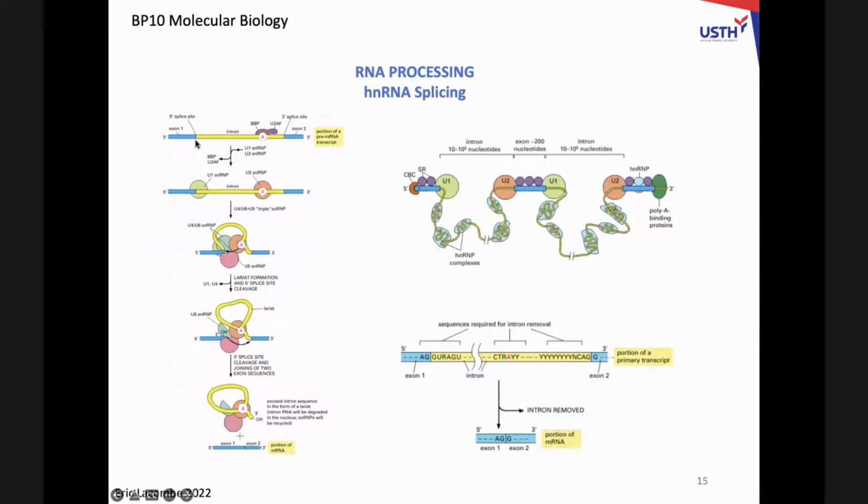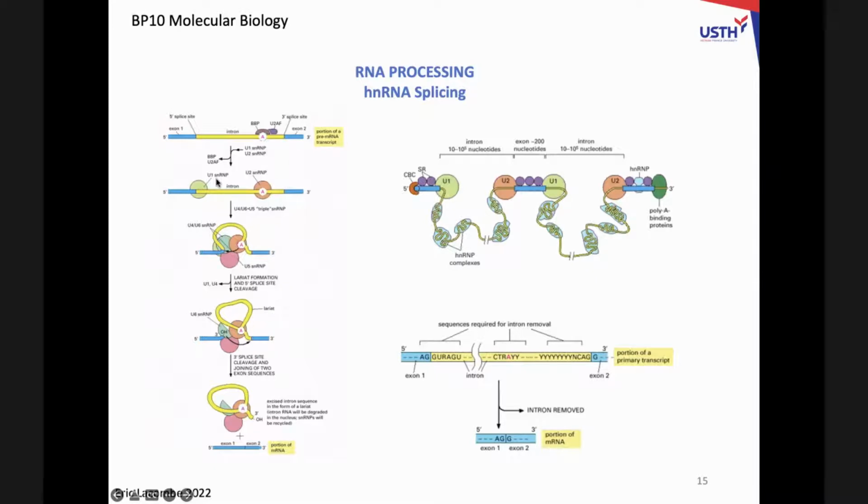There is no specific sequence there, but there is a common feature inside the intron, which is a consensus sequence that can be recognized by specific splicing factors that recruit different proteins. I just want to focus on that. They are called snRNPs.